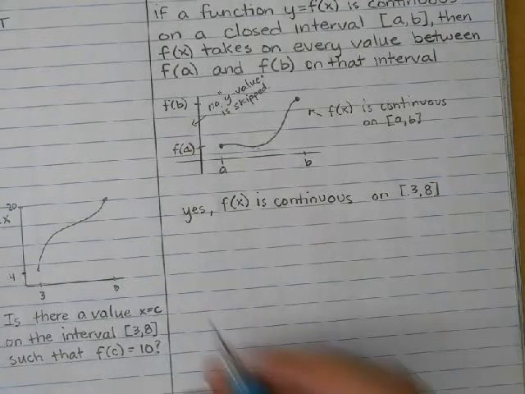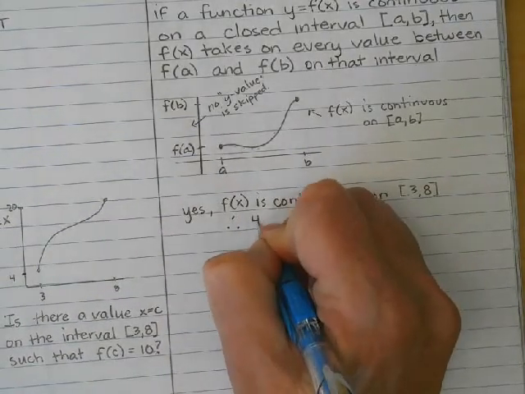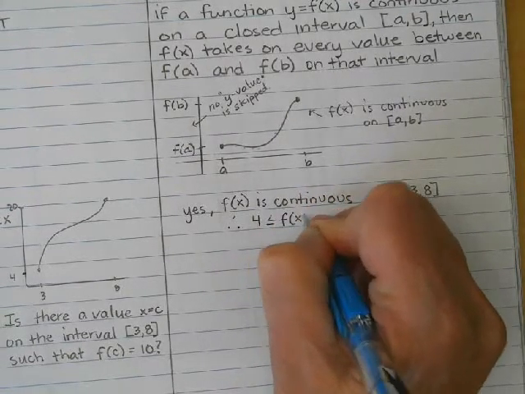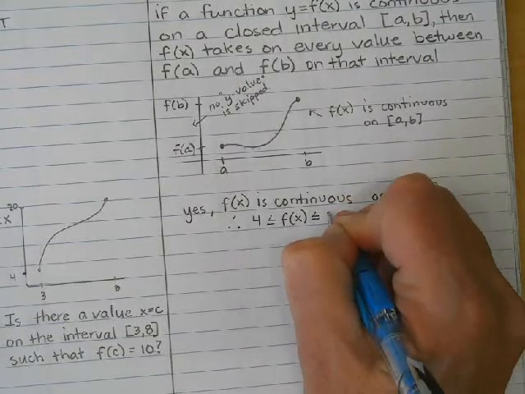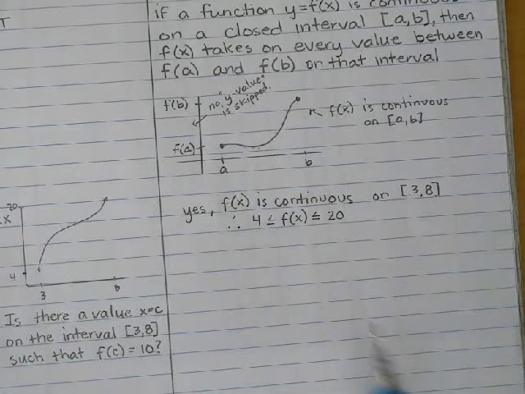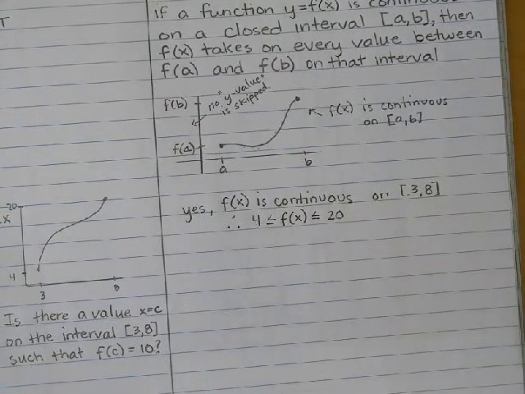On 3, 8. Therefore, we know that 4 is less than or equal to f of x, which is less than or equal to 20. So we know that every y value has to occur between 4 and 20.